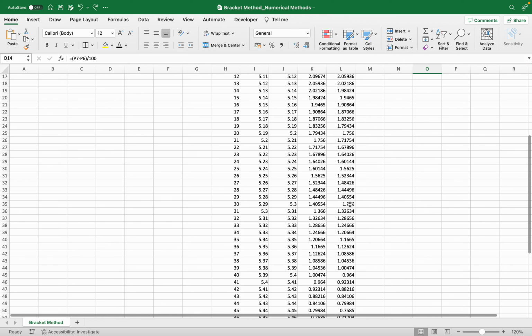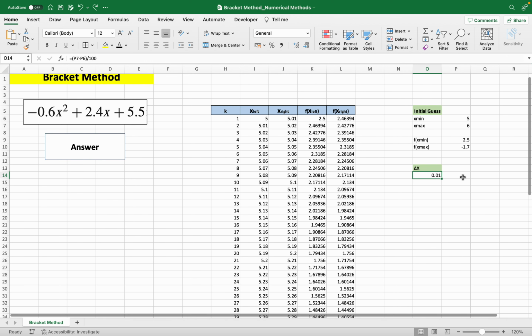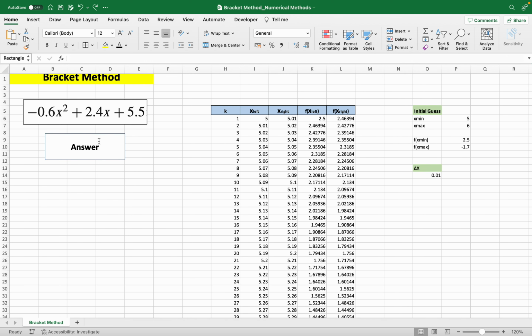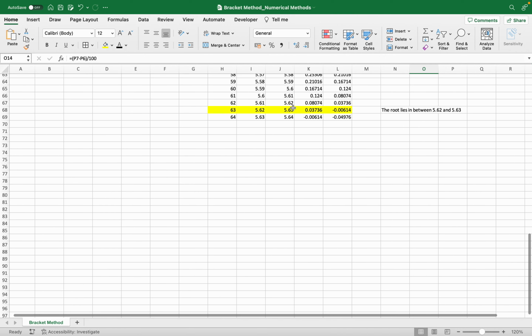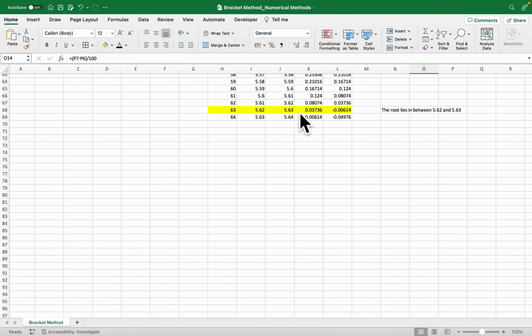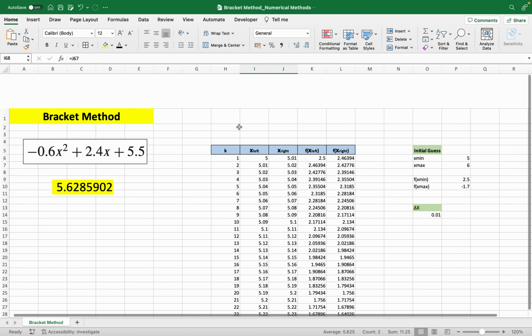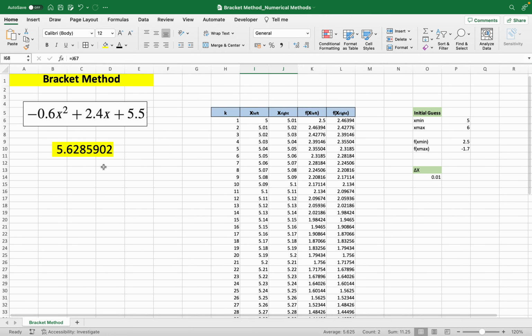So, advisably, if you want to get more accurate results, then you choose a bigger number of iterations. And if you want to look at the actual answer for the root, it is 5.6285. So we're correct, right? It lies in between 5.62 and 5.63, and this is the actual value of the root.